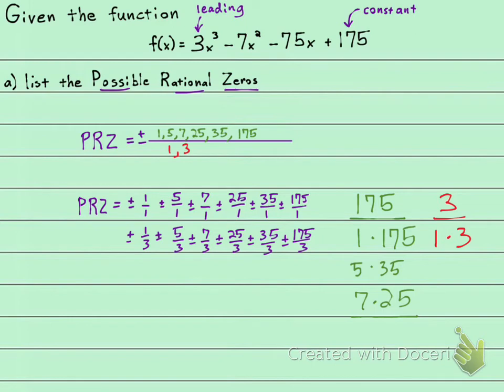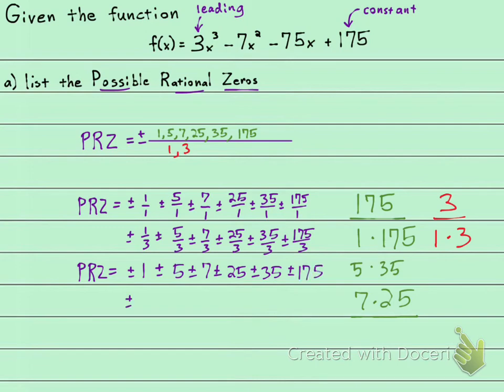Next let's simplify. If we have any duplicates, we're going to throw out the duplicates because we don't need those. Anything over 1 is just itself, so plus or minus 1, 5, 7, 25, 35, 175.